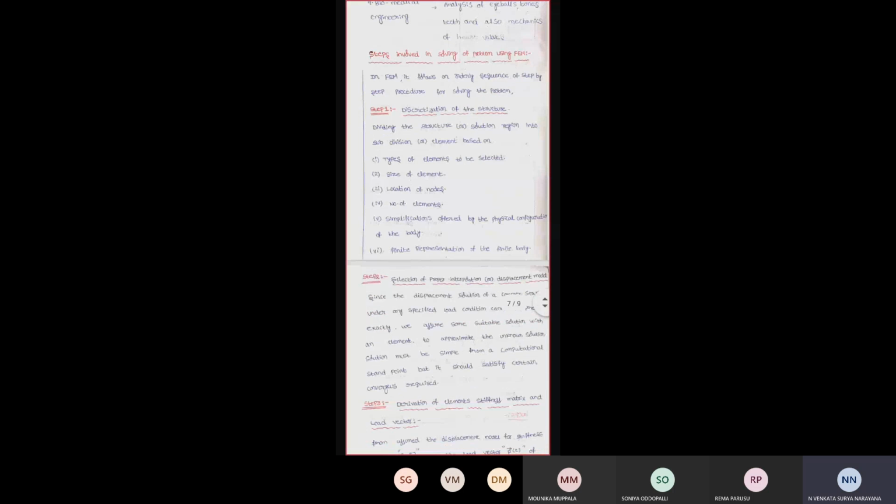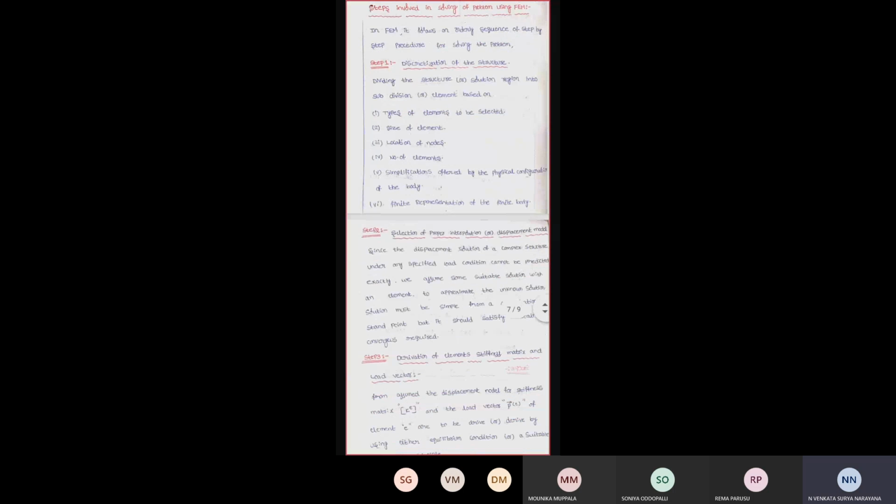Next I'm taking a bar or frame, truss. Elements will change according to type and size of elements. Next, location of nodes. Location means when at the middle point or end point there is any weight applied, the element is changed.